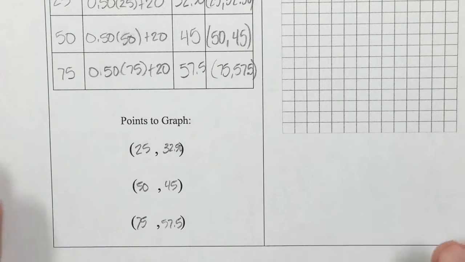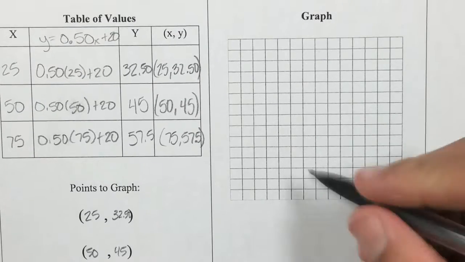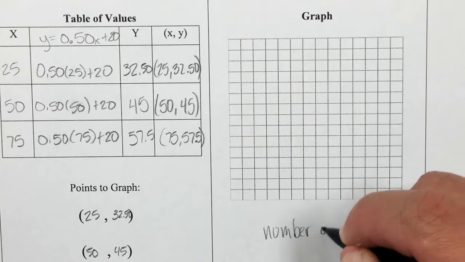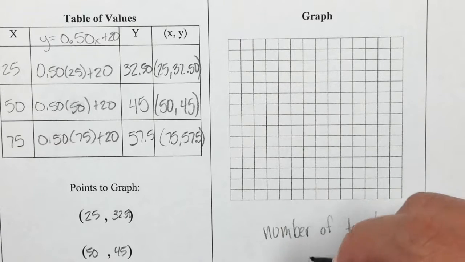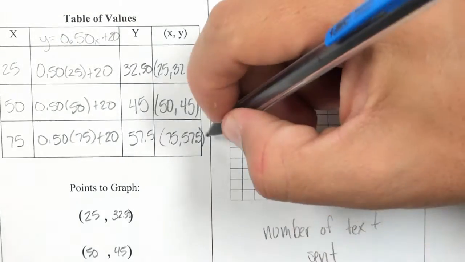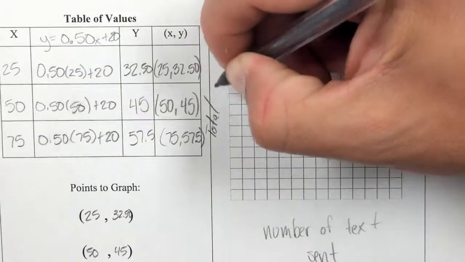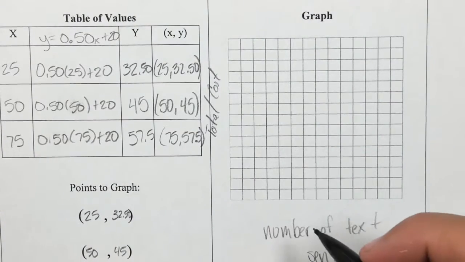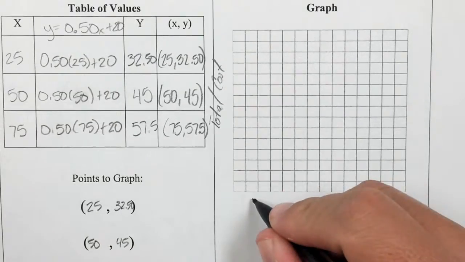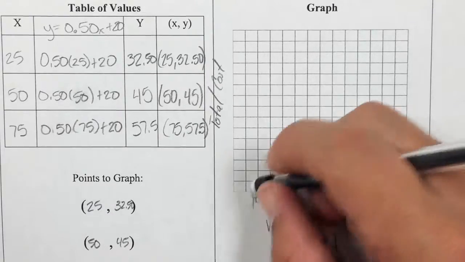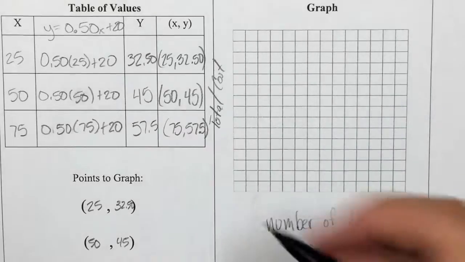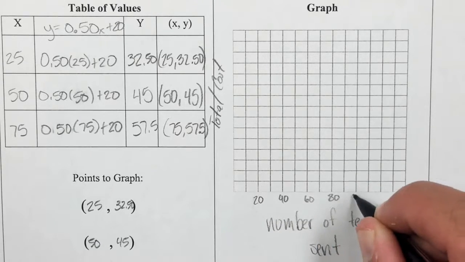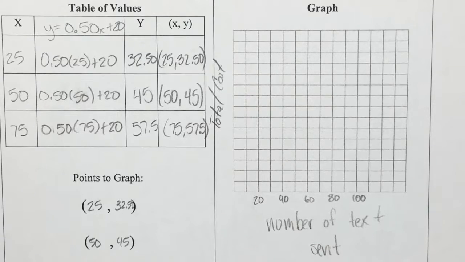Okay, we're going to graph them. The X value, again, look at the top of your paper: it's the number of texts sent. The Y value is going to be your total cost. And then you can do your scale however you want. I'm probably going to go up by 20s this time: 20, 40, 60, 80, 100, just so I know I have enough room.